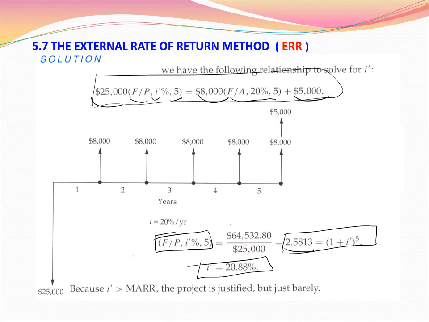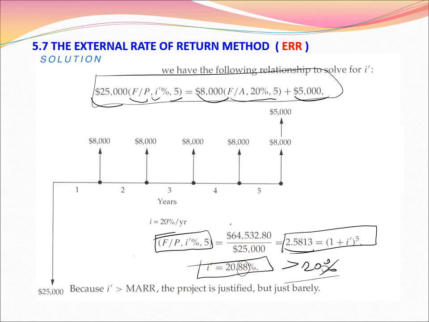And since it is greater than MARR, which is 20%, this project is acceptable. But of course, it is slightly larger than 20%. So we accept this project, but barely.